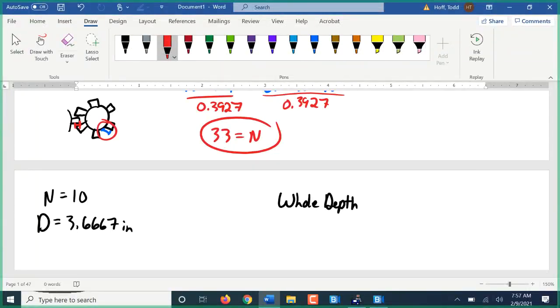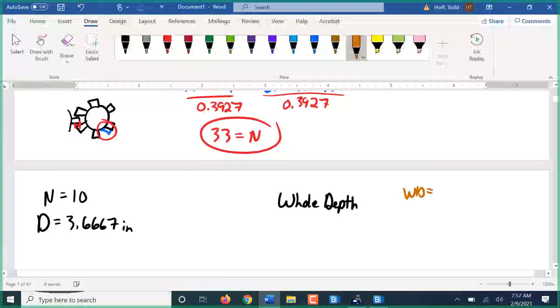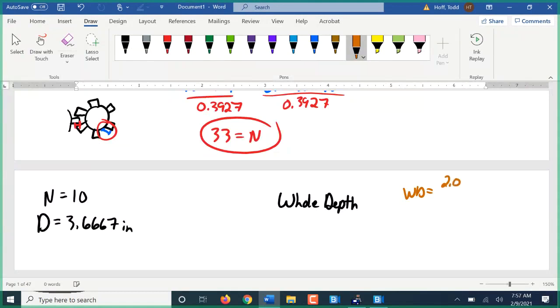So we look in our formulas for hole depth, which is abbreviated, of course, WD. Hole depth has two formulas given. 2.00 divided by the pitch. Well, we don't have the pitch.